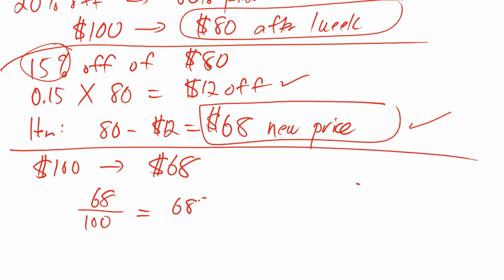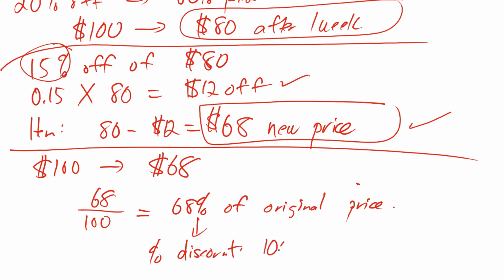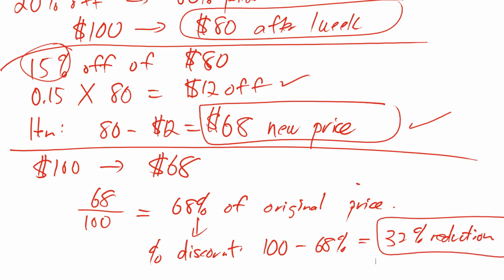It's now 68% of the original price. And if it's 68% of the original price, that means that the percentage discount, the percentage reduction, is 100% minus 68%, or 32% reduction. And you'll notice that is not the 35% we had thought perhaps it could be.